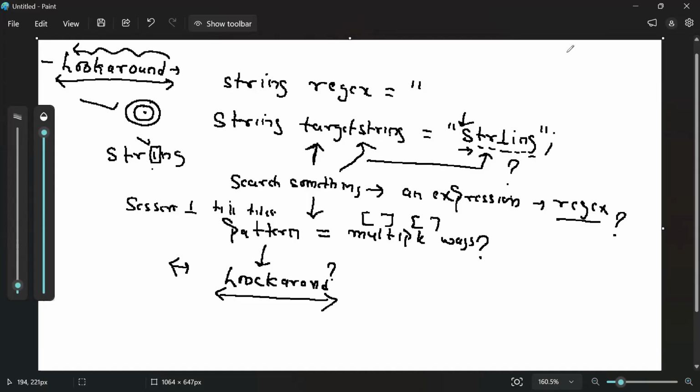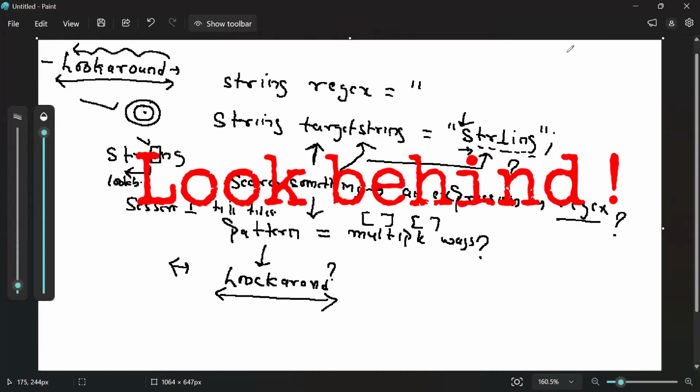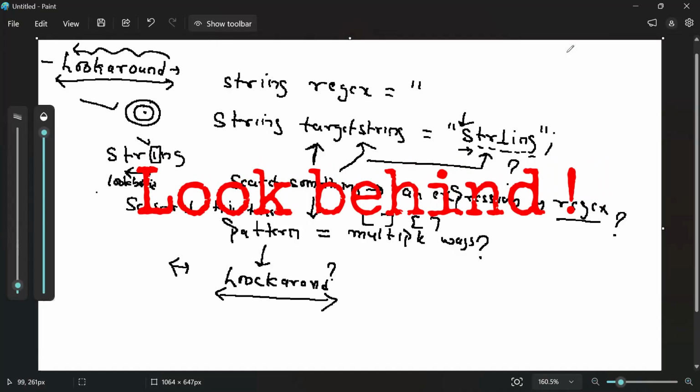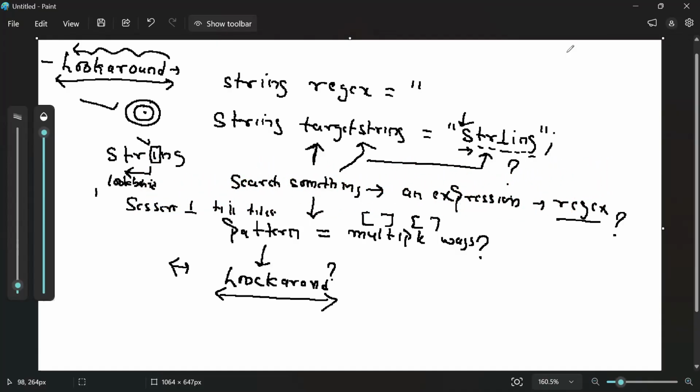So there are two ways. Either I will look behind for I to match, and then proceed ahead for the validation.